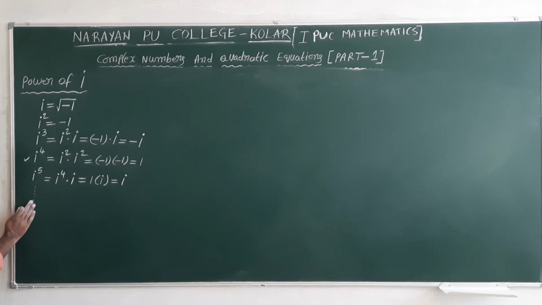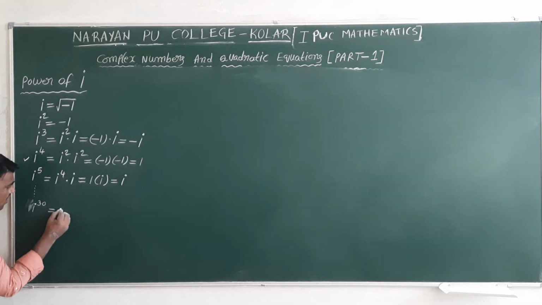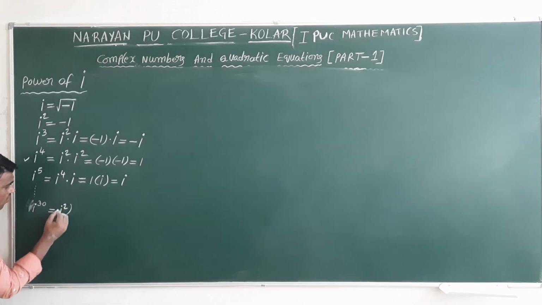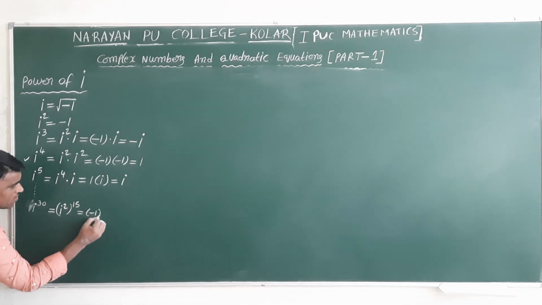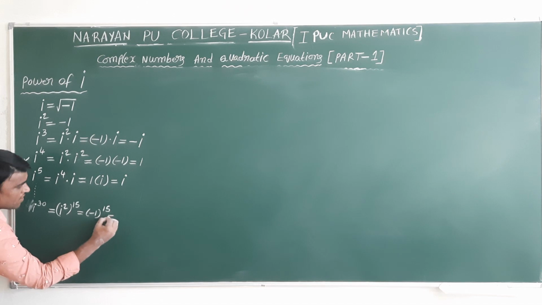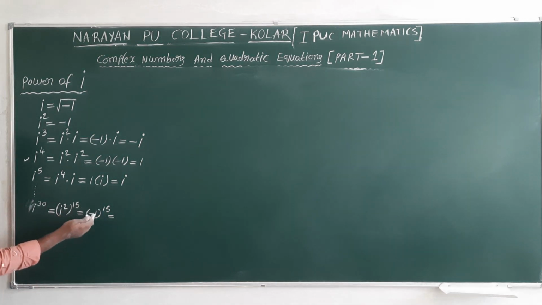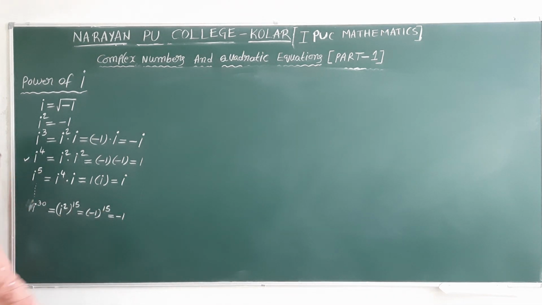For example, here we need i power 30. We write it as i square whole power 15. I square value is minus 1, whole power 15. Minus 1 with 15 being an odd number gives minus 1.